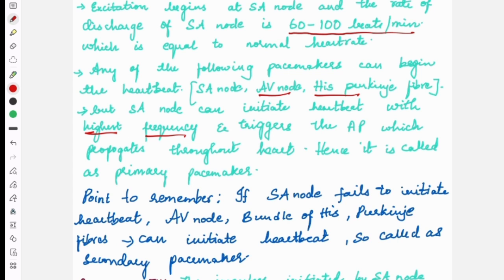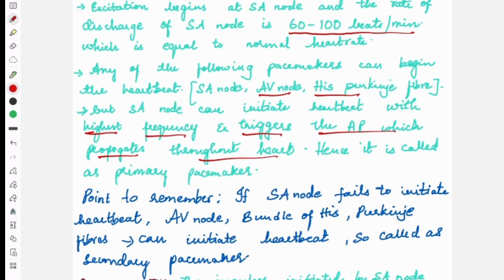That is the reason why it is said to be the primary pacemaker, and it triggers the action potential which propagates throughout the heart. So it is responsible for initiating the discharge and for stimulating the action potential with the highest frequency.